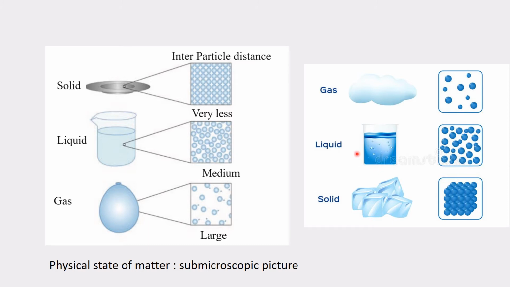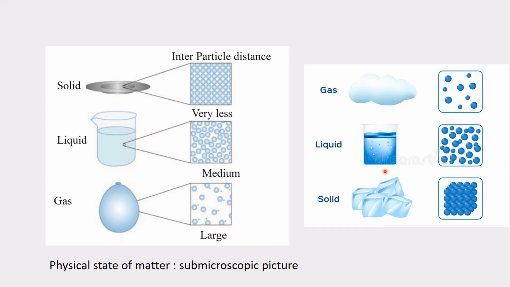In whichever container we keep the liquid, it gets the shape of that container. If you keep it in a jar, the liquid will get the shape of the jar. If you put it in a bucket, it will get the shape of the bucket.